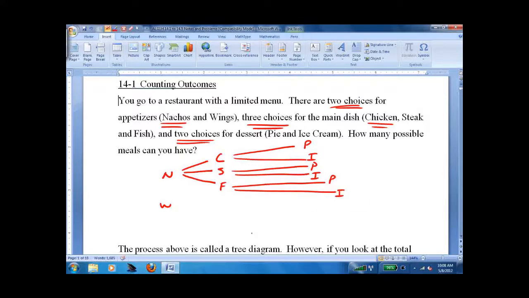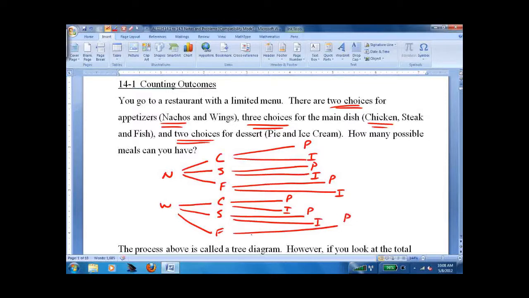But if I have nachos, those are only 3 choices I have with those 6 on the end. If I have wings, I'm in the same boat. I could have chicken, steak, or fish, and then I could have pie or ice cream for each.